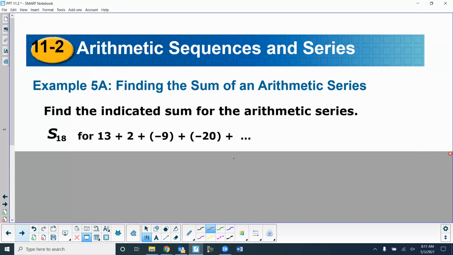Find the indicated sum of the arithmetic series. So, how many are we adding up? 18. Do you want to find all 18? You could. What's the common difference?